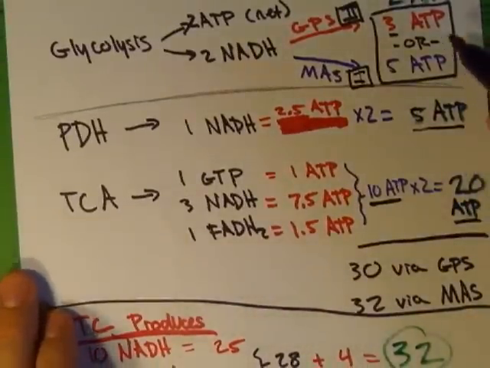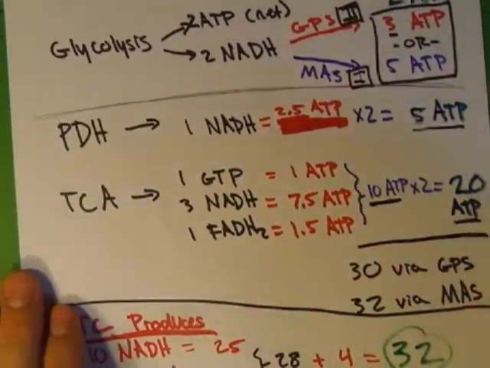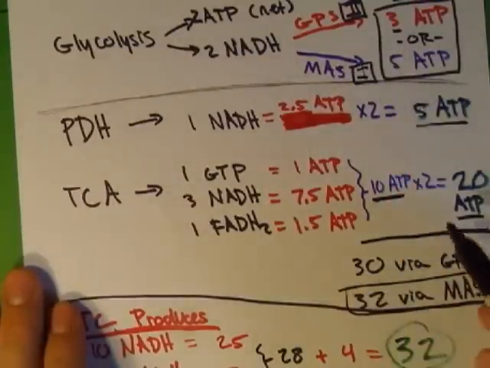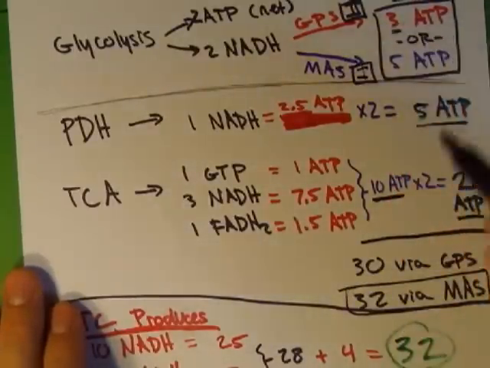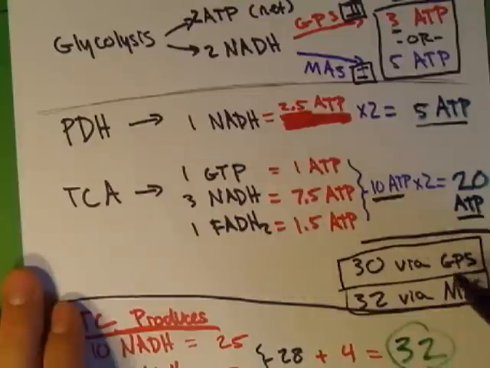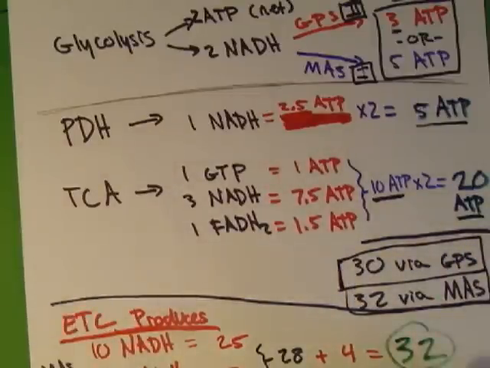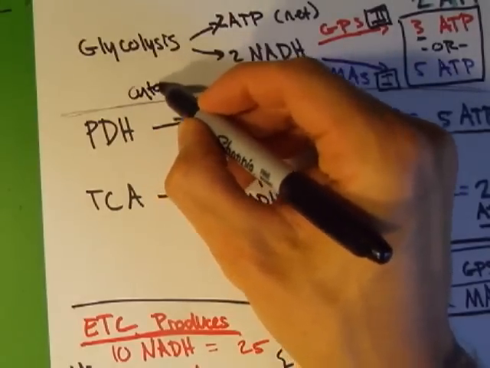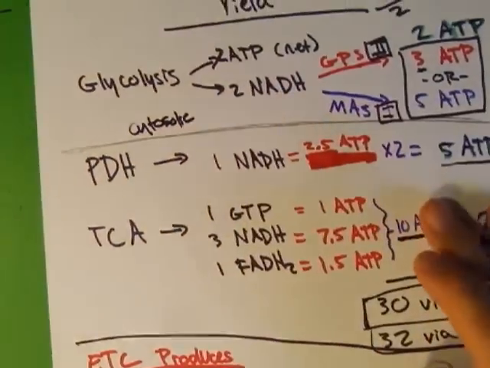So when you total everything up, if you're coming from the MAS shuttle, you're going to have 32, or you'll have 2 less if you're coming from the GPS. So make sure you know all that. Make sure you know that this is all cytosolic.